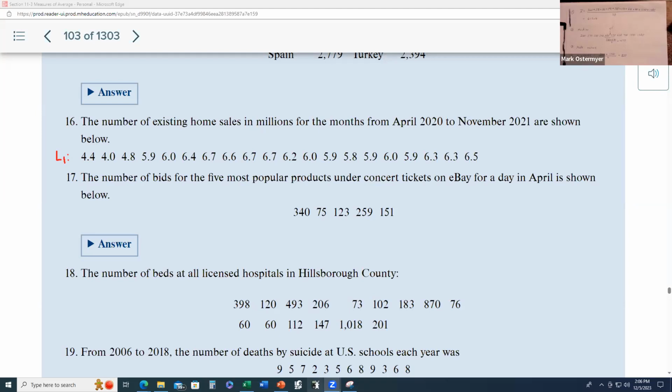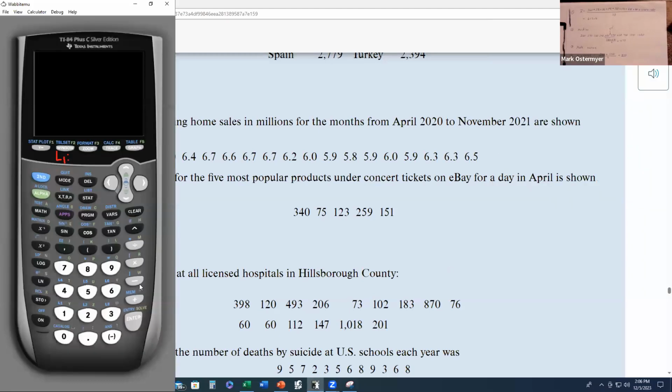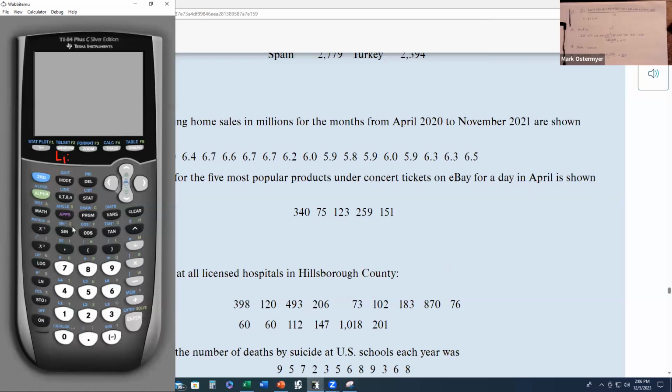You hit your stat button right here, then edit, and hit enter to select edit, and then you can type your data in list 1. Once you get your data typed into list 1, you get out of this mode by hitting second mode to quit.